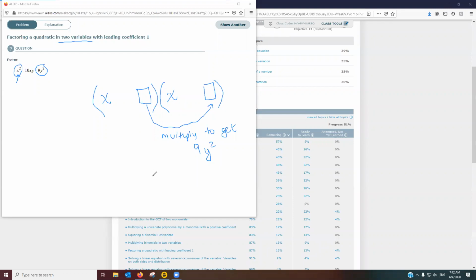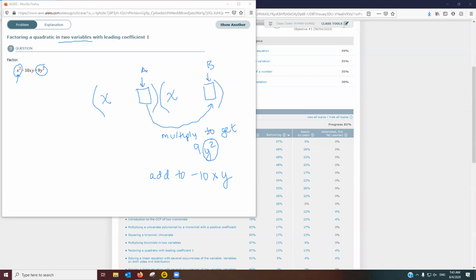But also, what's in the middle I have to add to get me negative 10xy. Well, what it means is in the back here, I'm going to need a y. I'll call this box A and box B. Because I need to end up with a y squared when I do the multiplication, that gives me a hint that I'm going to need a y in box A and a y in box B.